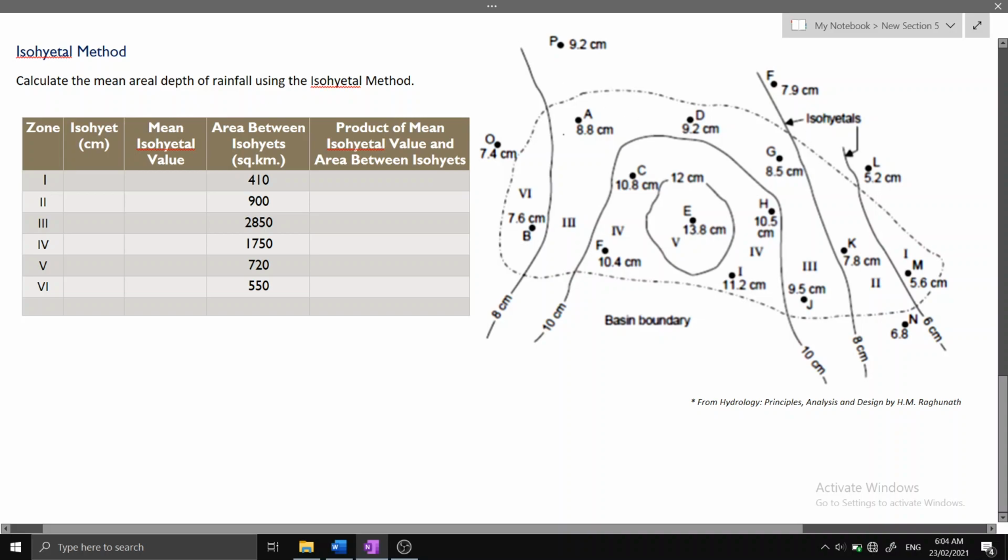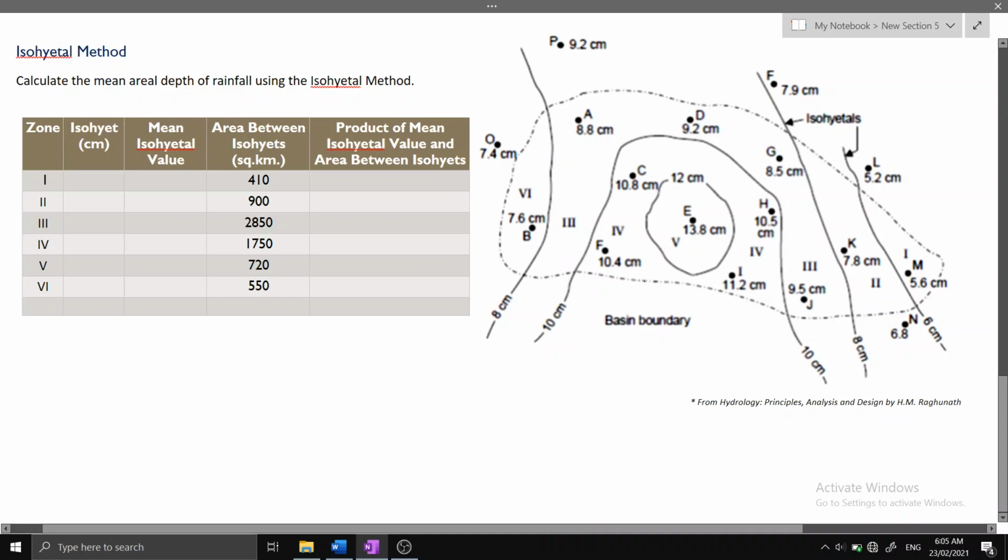So this is somewhat similar to a contour map, but instead of the terrain, it presents the depth of rainfall. So for example, this isohyetal here is 8 centimeters of rainfall.